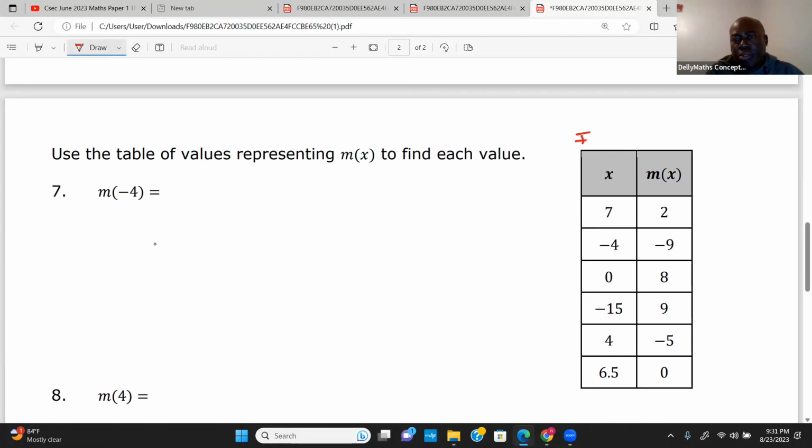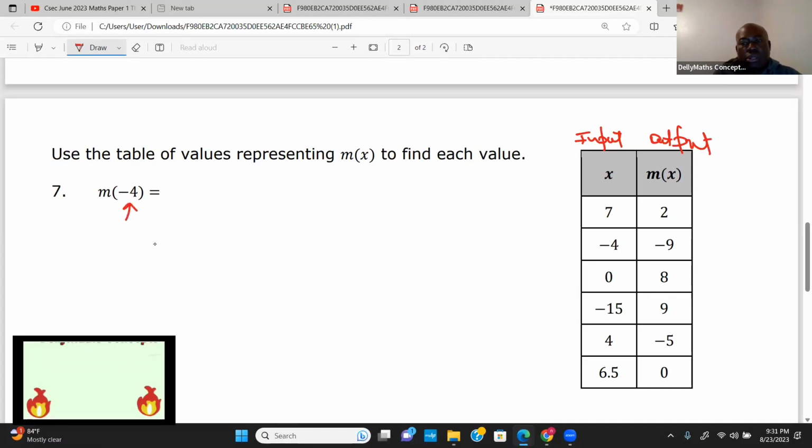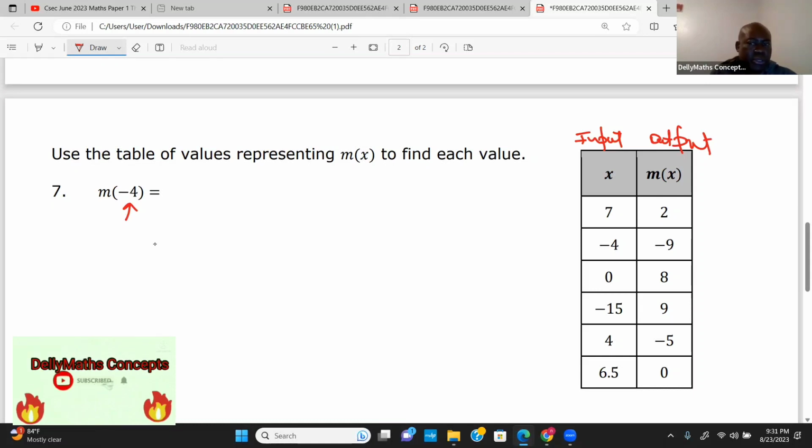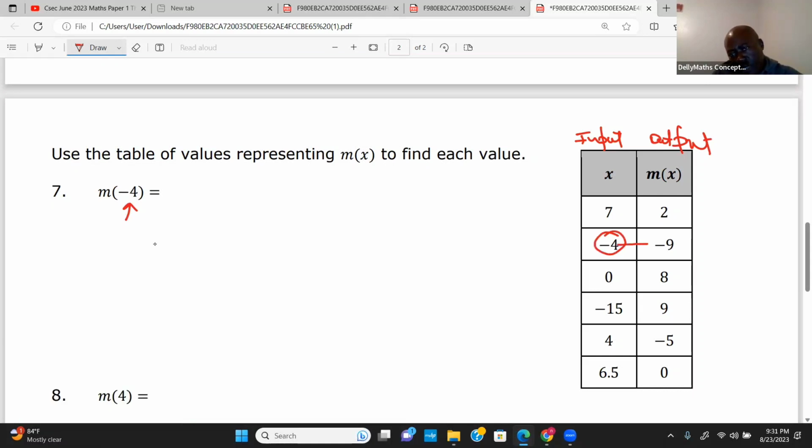These are our inputs, always the x values, and our outputs, it's m of x, or it could be called y. In this context, it's m of x. So this is an input value, so we're going to look in the table under the inputs. Here is negative 4, and we're going to see what output it had produced, negative 9. So quite easily, we could pick up those values right there.